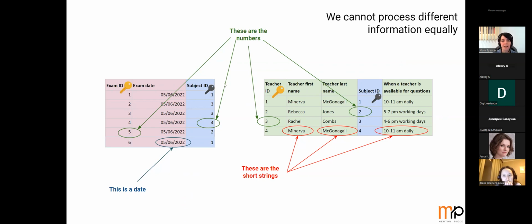And that are the numbers here, int type. And this is a date type. So we could have different data types in the same table, but we cannot have different data types in the same column. So every column should have only one data type. We cannot put a subject ID here, or a number here. Or, okay, we could put a number here, but this number will be considered as a string.